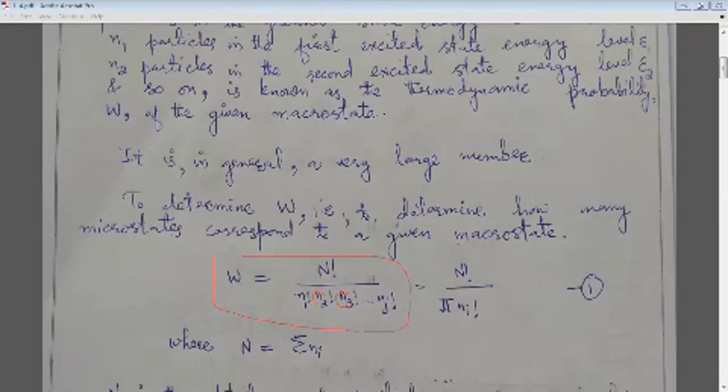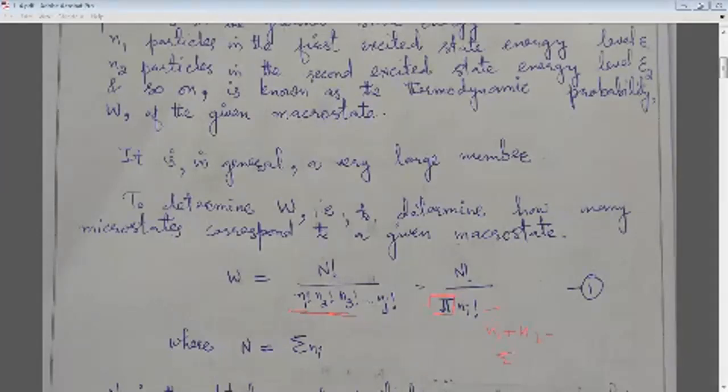So you can see here they are all in multiplication, so we can write this by a simple symbol pi. This means multiplication: n1 factorial multiplied by n2 factorial multiplied by n3 factorial. You can simply write it as the product over i from 1 to n of ni factorial. As such, you can write n1 plus n2 plus n3 plus n4 as a summation.